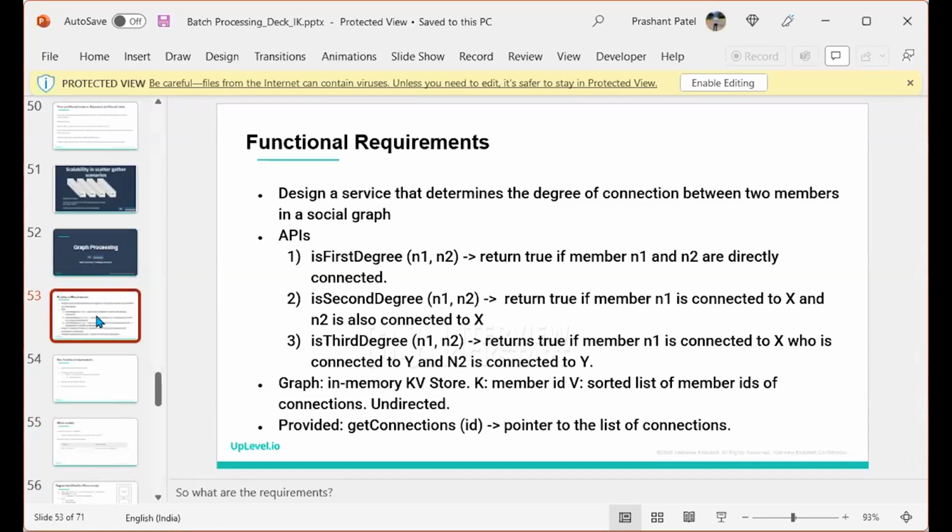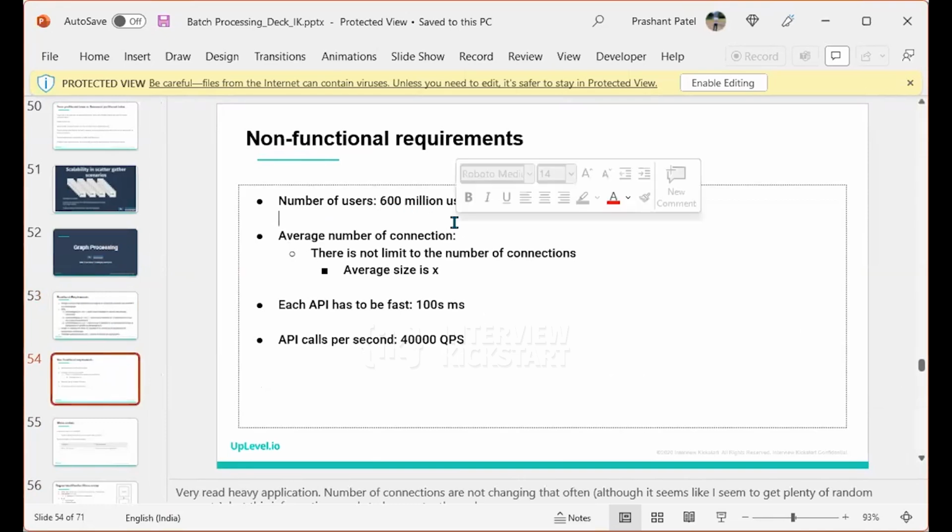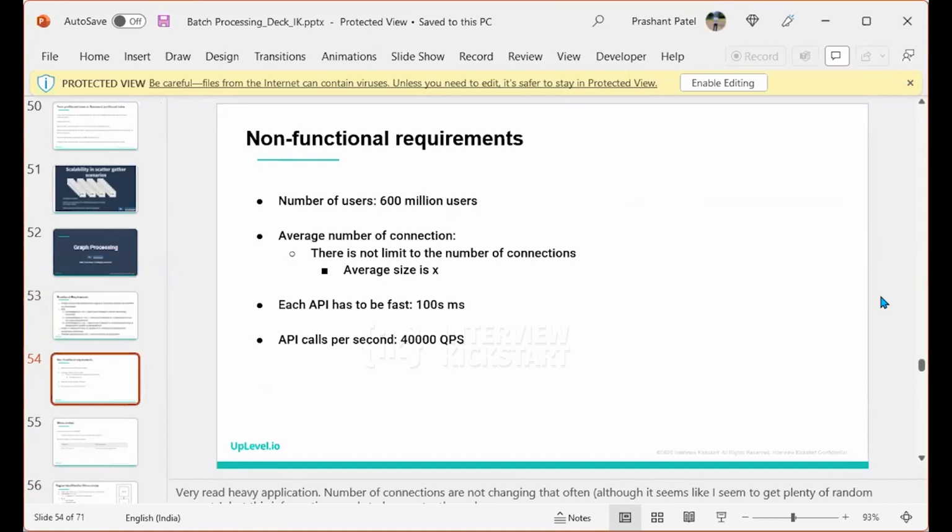By default, as I said, you can always assume figures like 10 million or 50 million. It's perfectly fine if you have no idea, else you can verify with the interviewer. Here it's taken as 600 million because it's the data from LinkedIn itself, as of 2022.